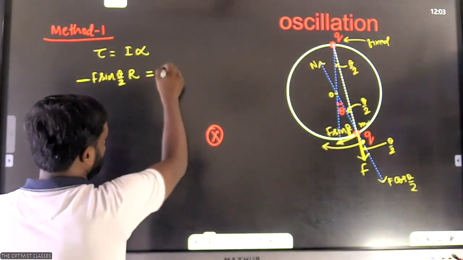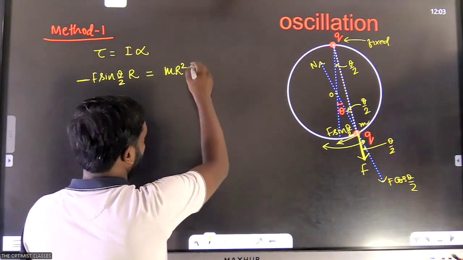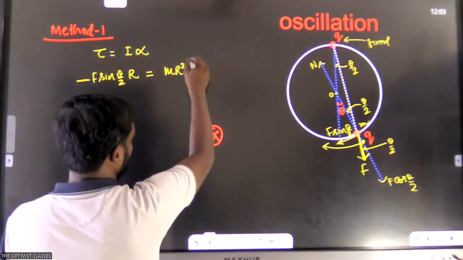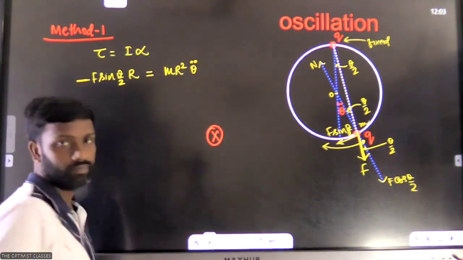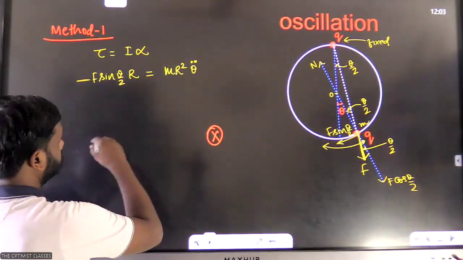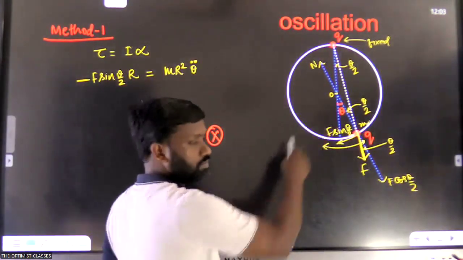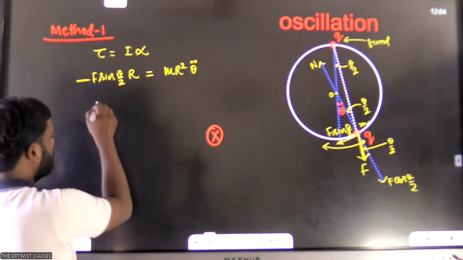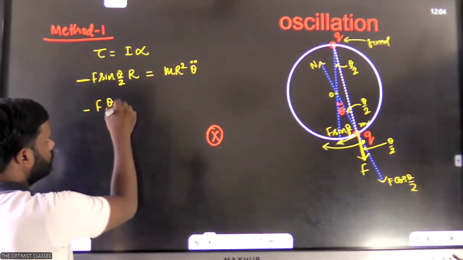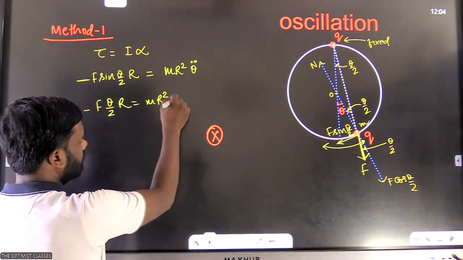The moment of inertia will be mass times distance squared, and alpha is the angular acceleration, which we can write as theta double dot. Here one R will cancel out. Since the angular displacement is small, in place of sine theta we write theta, so sine theta by 2 becomes theta by 2. So minus F theta by 2 times R equals M R square theta double dot.